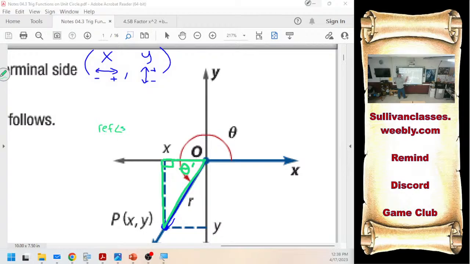Reference angles are always going to be positive. They're always going to be formed with the x-axis. And they're always going to be acute. Correct. Because it's inside that triangle.